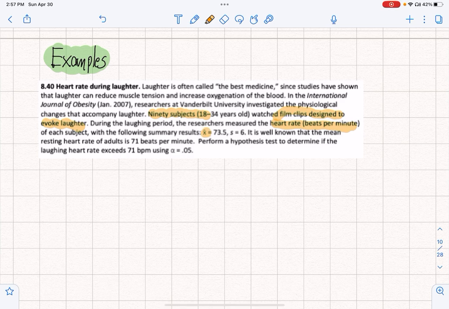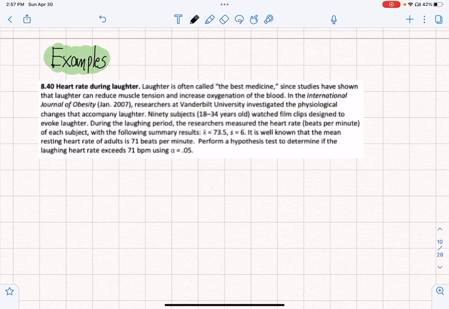So X bar, it's a little hard to read, X bar is 73.5. The standard deviation was 6. And it's well known that the mean resting heart rate of adults is 71 beats per minute. Perform a hypothesis test to determine if the laughing heart rate exceeds 71 beats per minute using alpha 0.05.